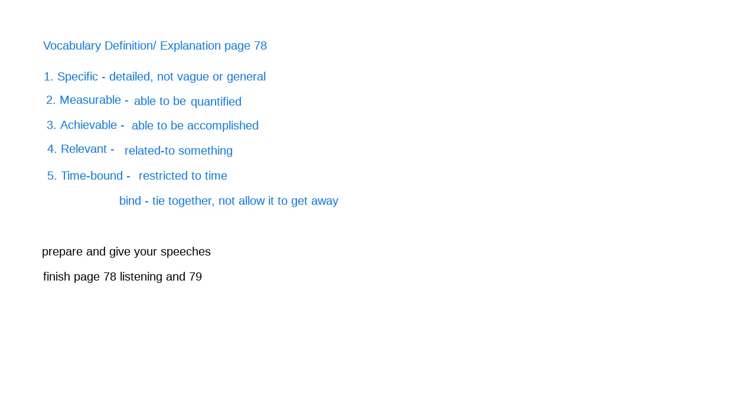It's not the most important thing, but if you would like to, you can continue on with this study. So I'll just say do the listening, page 78, and then write 1 or 2 of your own goals. And make sure that they are specific, measurable, achievable, relevant, and time-bound. And we can share those on Thursday.